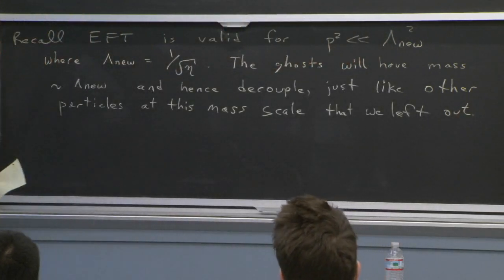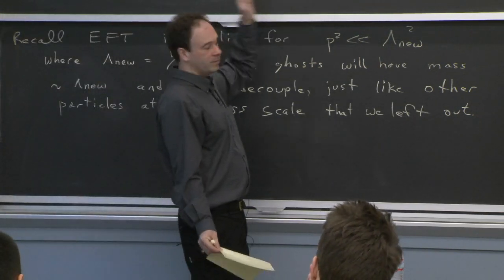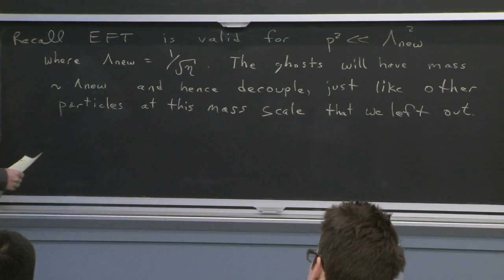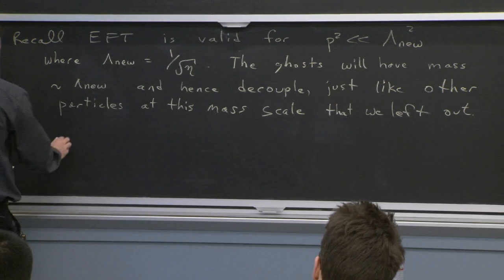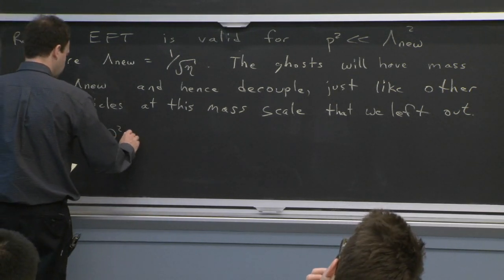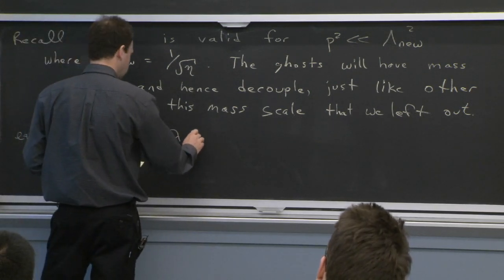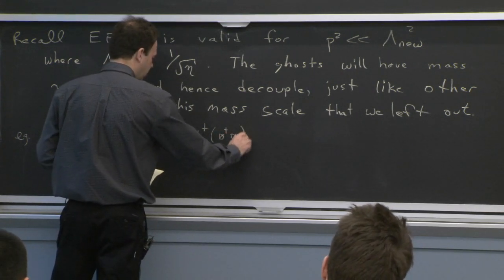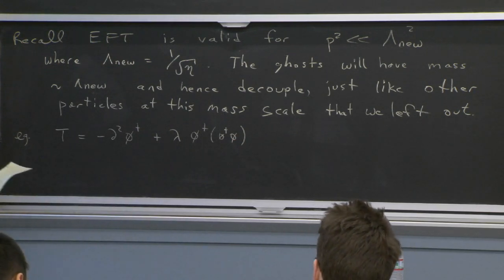So let's do that by way of picking a particular example. So far, we've kept things fairly general without specifying what this set of fields that's in this thing that we called T was. We just left it as an arbitrary thing. Let's pick a particular T. The argument here is actually fairly general, but I think it's easier to see it for a particular example.